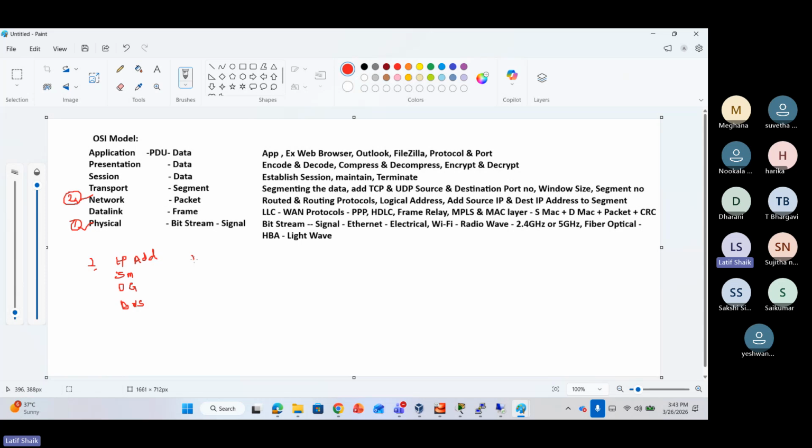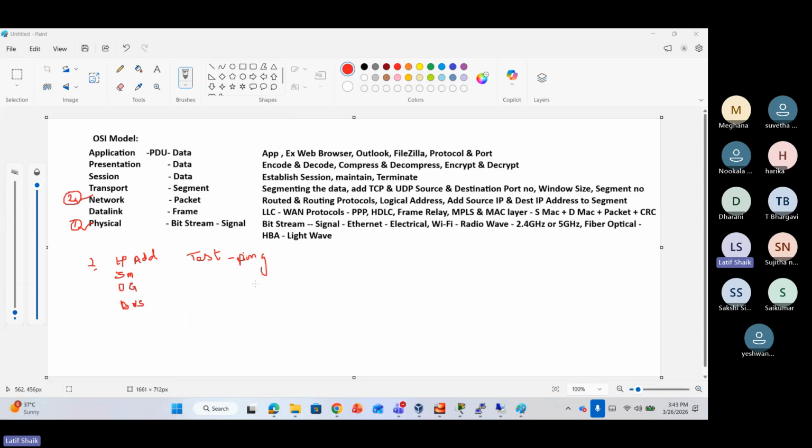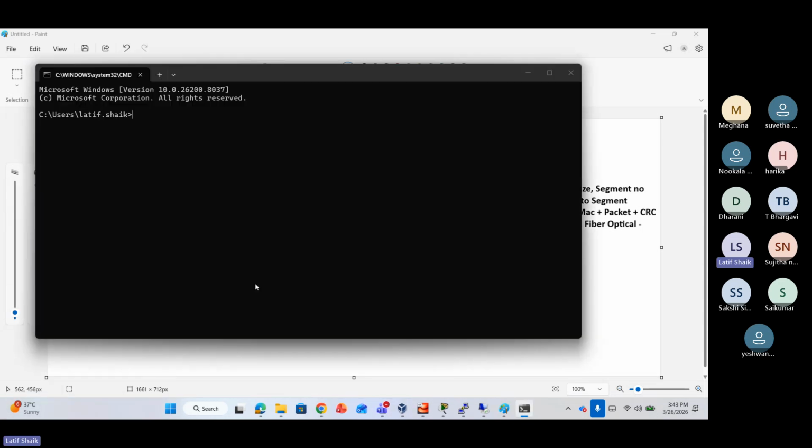Next is checking connectivity using the ping command. For example, I'm going to the command prompt. I want to check my system IP and my destination IP, both in the same logical and physical network, and check the connectivity. How to do it?